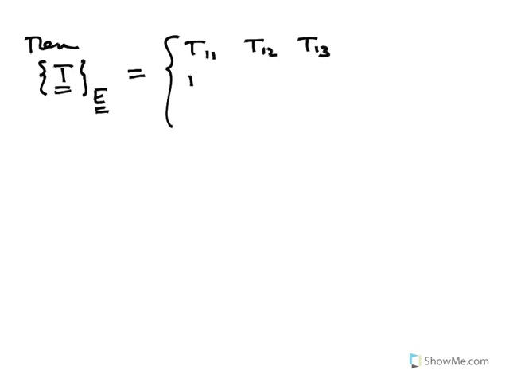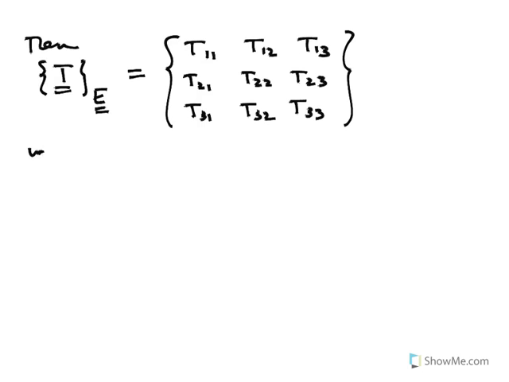If we write out T in terms of this basis E, which I've been using throughout this discussion, we get the matrix that we wrote down earlier: T11, T12, T13, T21, T22, T23, and T31, T32, T33.